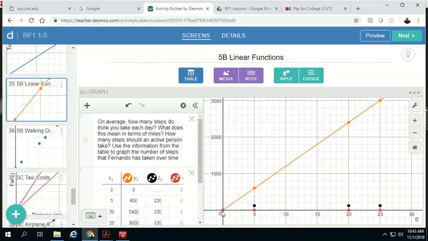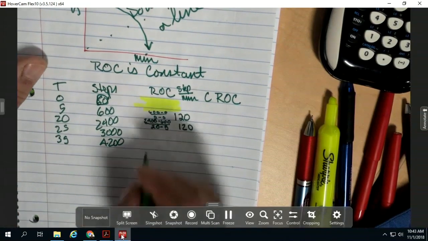So for the first one, we found the slope between these 2 points. For the second one, we found the slope between these 2 points. Does it make sense that the number of steps will be much, much bigger, because the number of minutes is also much, much bigger? In each case, did you get 120 steps? Yes.